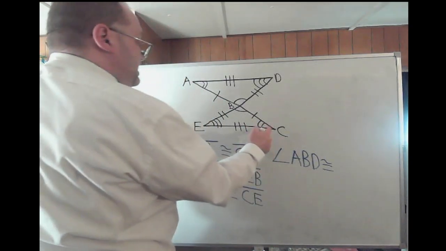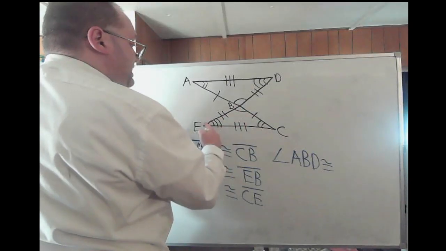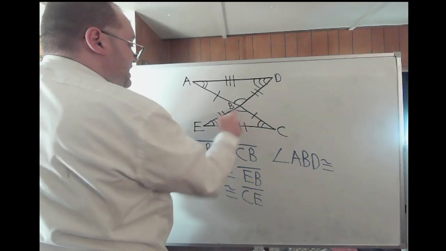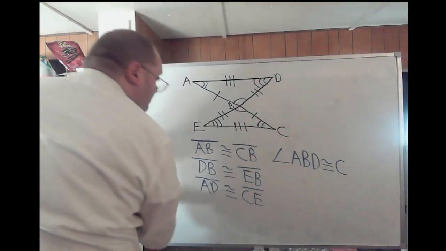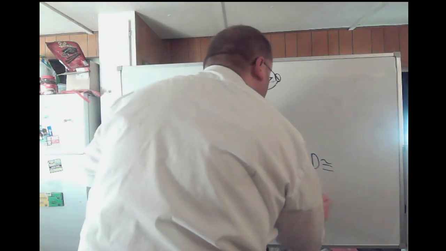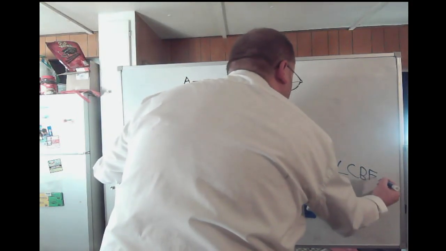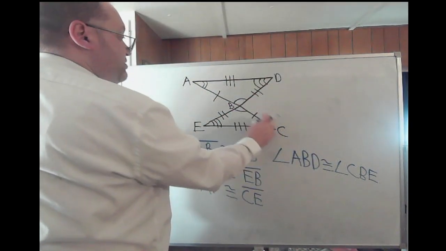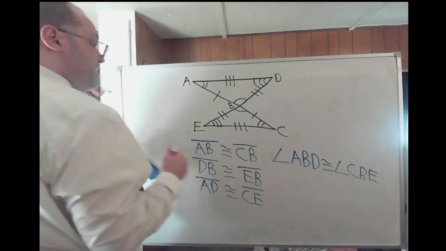This is congruent to angle CBE. It starts at C, goes to B, ends at E. Whoops, let me draw the angle symbol. This is congruent to angle CBE. So angle ABD is congruent to angle CBE.